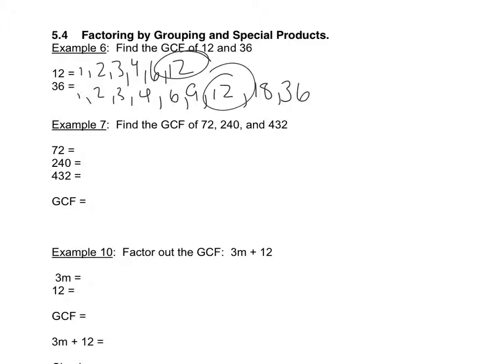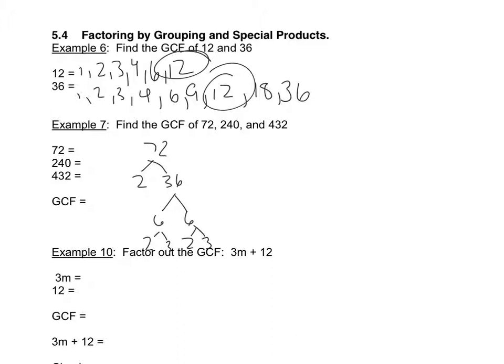Or the other way you could do it is by doing a prime factorization. So if you go 72, you make that 2 and 36. You're done with the 2 because it's prime. And then you can go 6 and 6, and then 2 and 3, and 2 and 3.